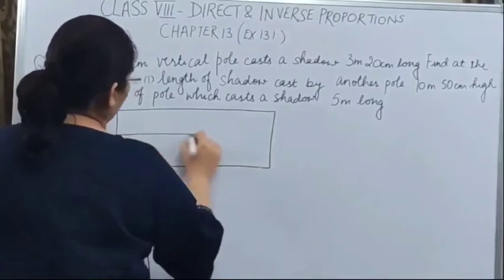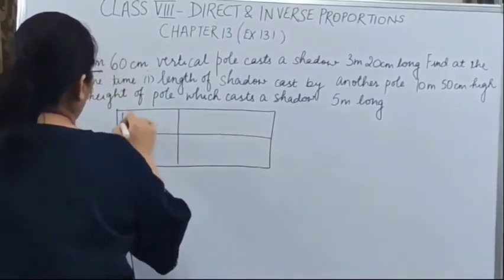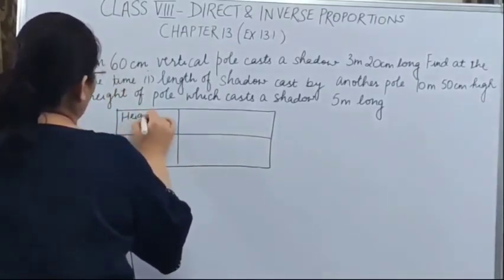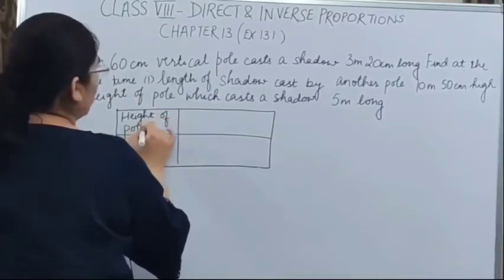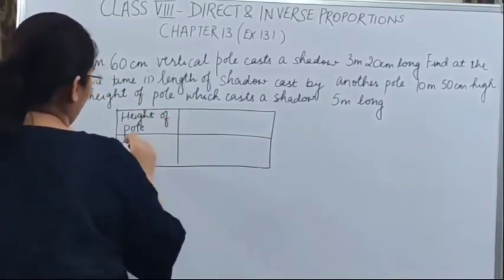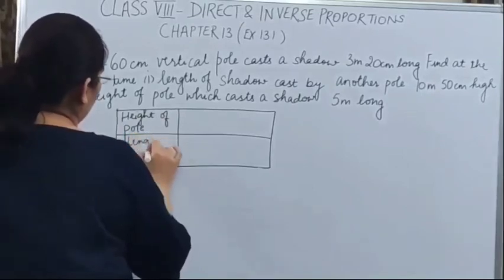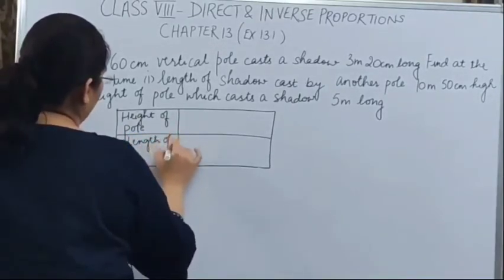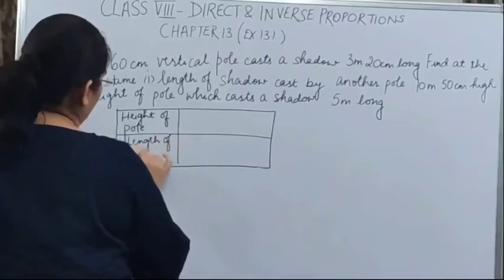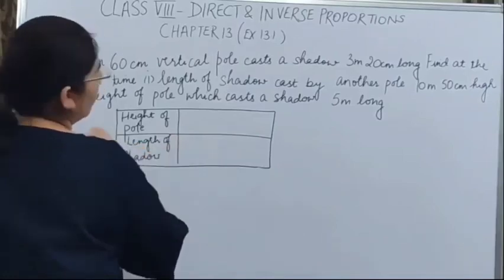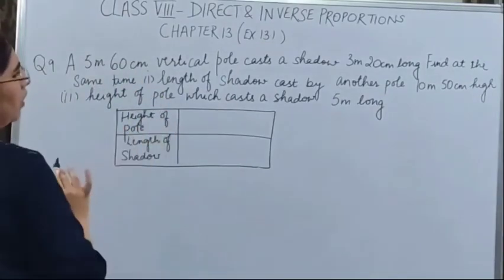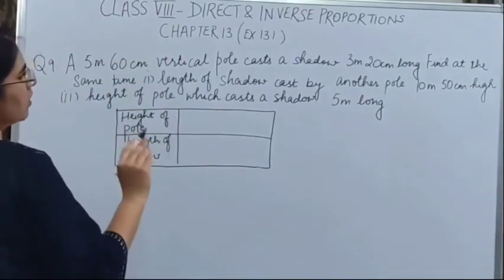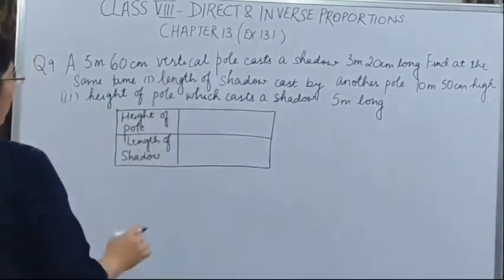So since it's a case of direct proportion, we will make a table. Right. So it says height of pole and length of shadow. Now a 5 meter 60 centimeter pole casts a shadow of this long.